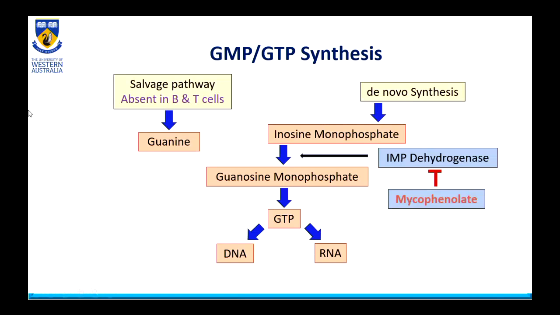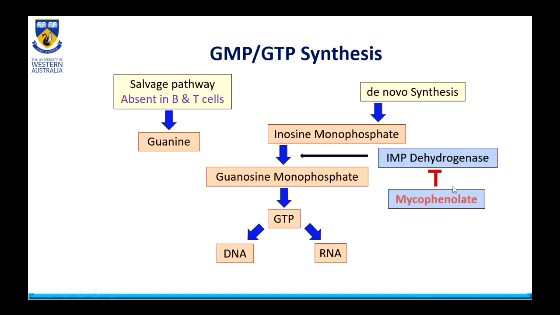So this is the GTP synthesis pathway. The salvage pathway, which is absent in B and T cells, which can get guanine from the body, they can't do that. So it requires this de novo synthesis pathway, where it needs inosine monophosphate, which then gets converted into guanosine monophosphate by the inosine monophosphate dehydrogenase, which then leads to GTP, DNA, and RNA production.